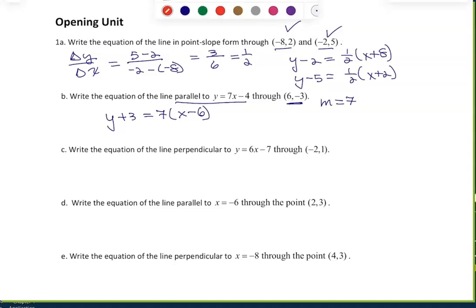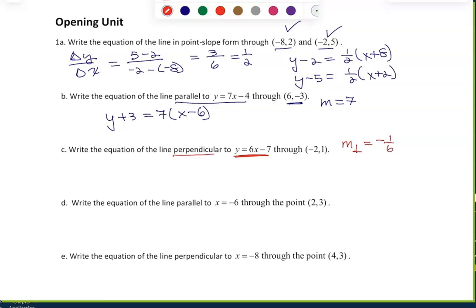Okay, next question says write the equation of the line perpendicular to this line. Okay, so from this line I'm underlining in red, I know that the perpendicular slope is going to be the negative reciprocal of the current slope. So that's going to be negative 1/6.